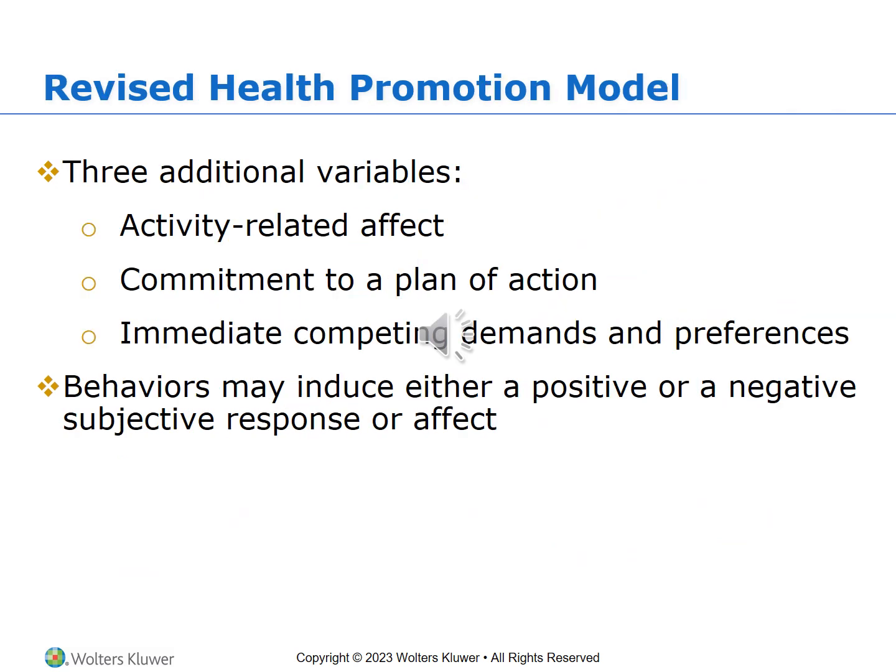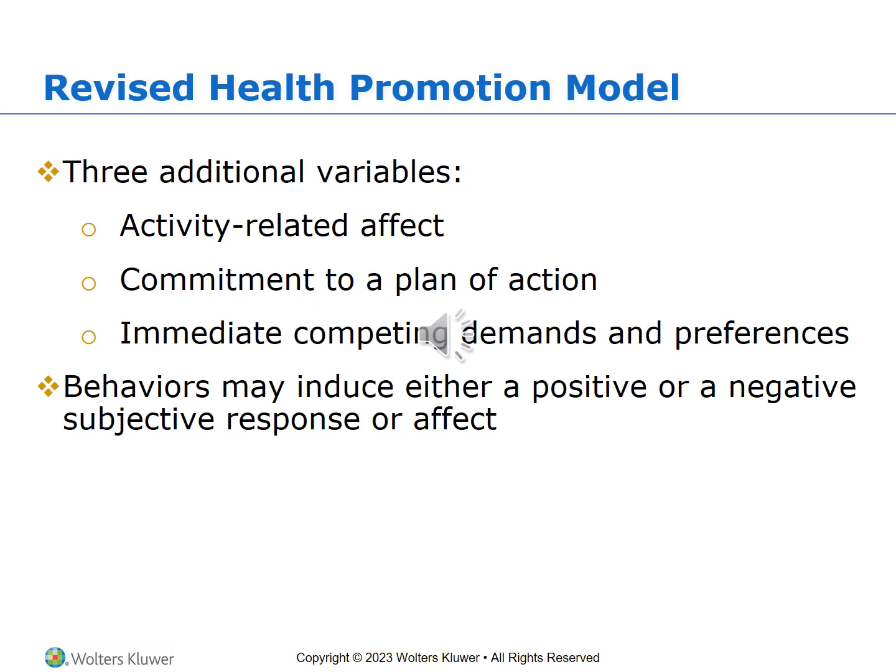So the revised health promotion model, it looks like the second paragraph on the right hand side of page 73. It talks about the revised health promotion model. So it includes additional variables, and these variables are activity related effects, commitment to a plan of action, immediate competing demands and preferences.